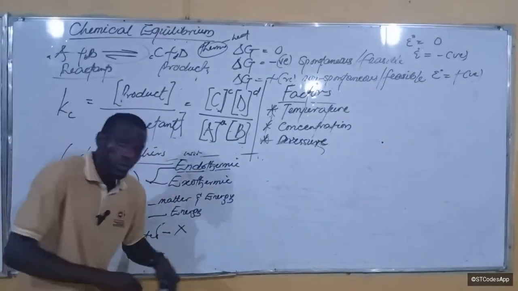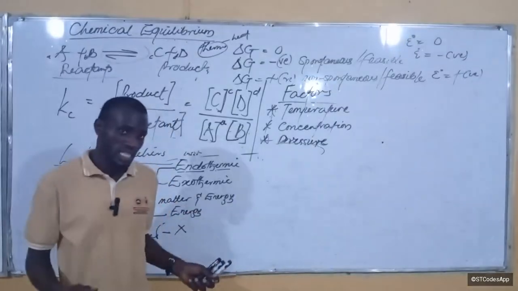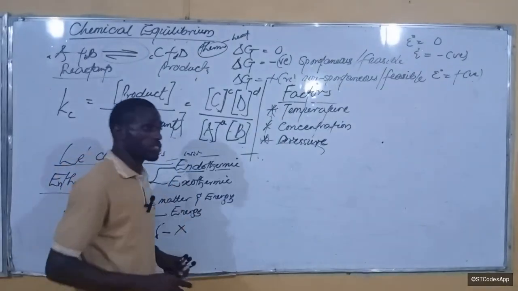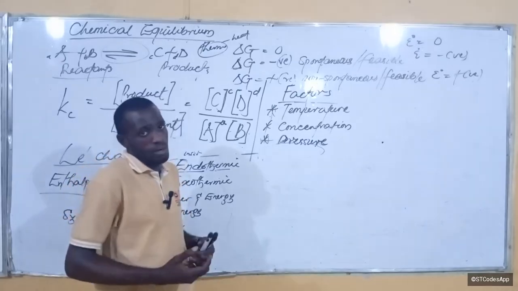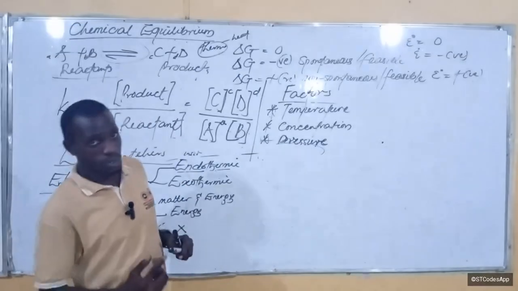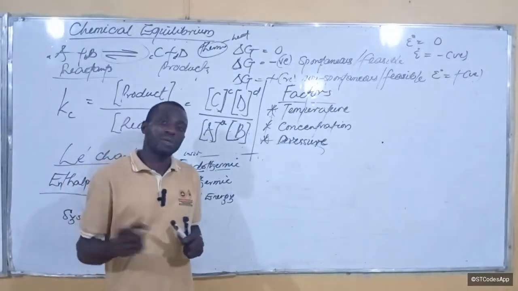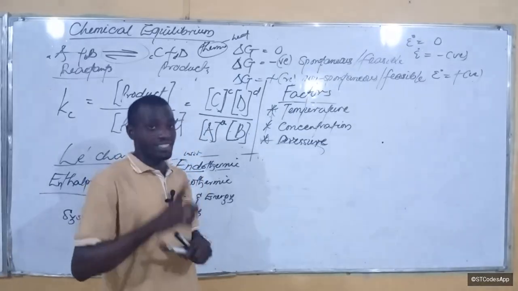So endotherm is the one that collects heat from the surrounding. In as much as you see this endotherm, it reminds you that the heat is going inside, that is, the inside will be hot. Now, heat and temperature are different. Heat is energy.